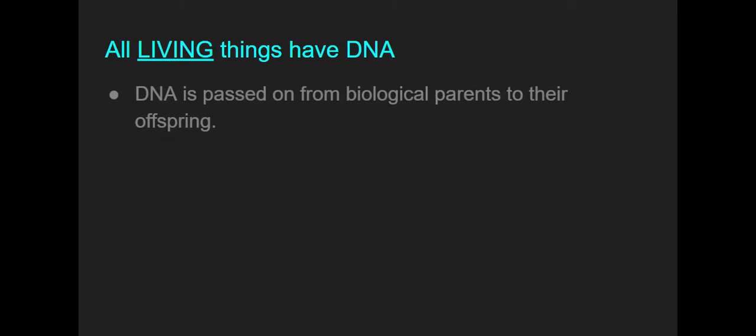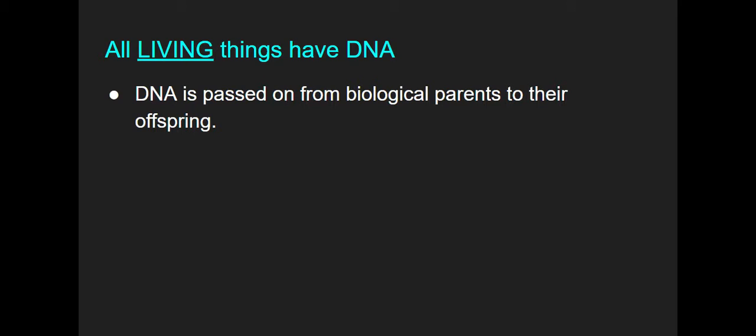All right, hope I've explained that well enough. Let's move on. All living things have DNA. DNA is passed on from biological parents to their offspring. Biological meaning these are the two people you came from. It's not a stepparent, it's not a grandparent.